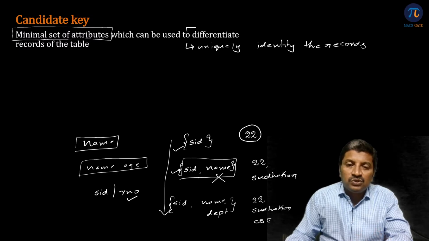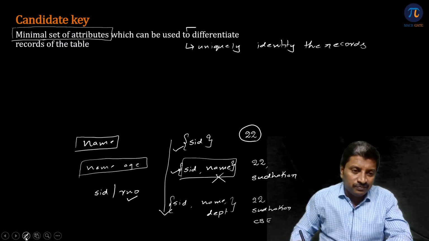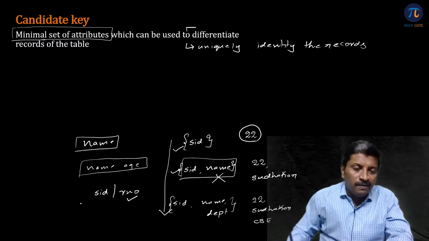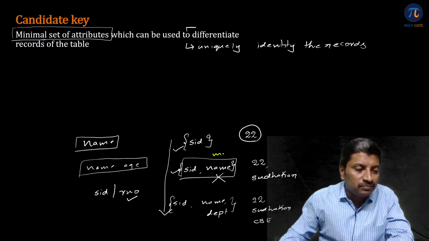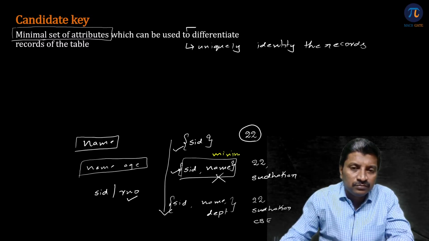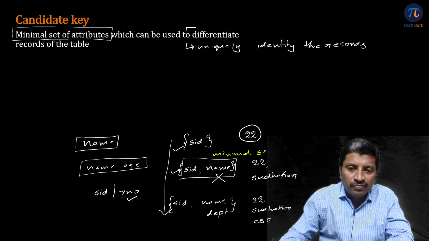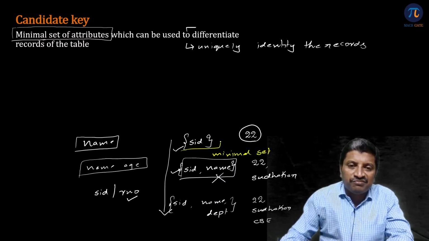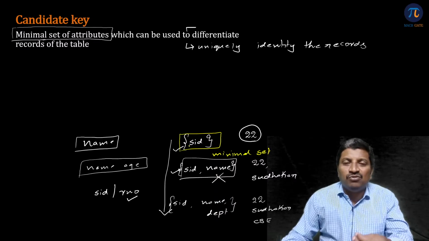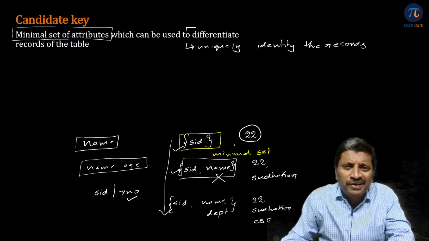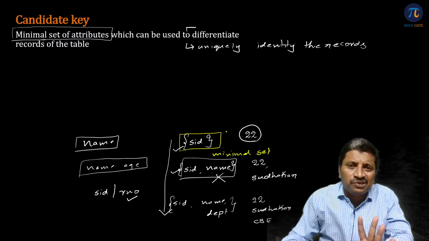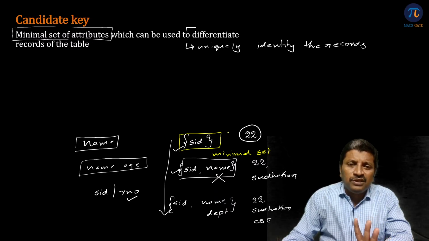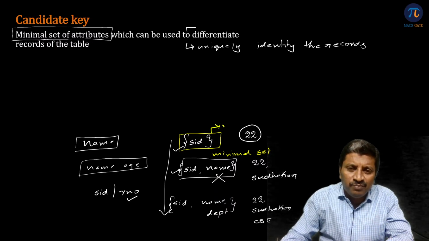Is that clear, sir? So this is not a minimal set. The second one is not a minimal set. Whenever I consider the first one, of course I have only one, so automatically it is mandatory. So this is a minimal set of attributes. So this is the meaning of minimal.